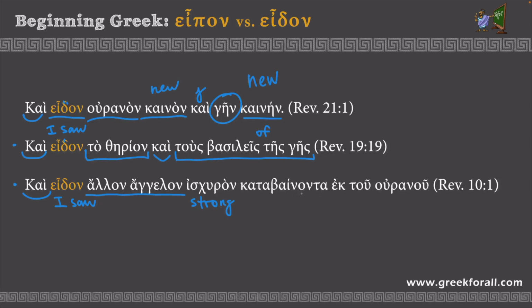This is the present participle from katabaino, to come down, go down. And I saw another strong angel coming down, ek tou ouranou, a prepositional phrase. Ek means from heaven. And I saw another strong angel coming down from heaven.